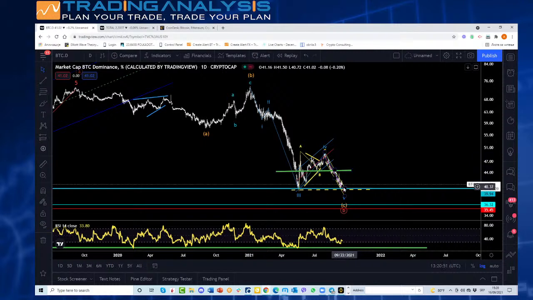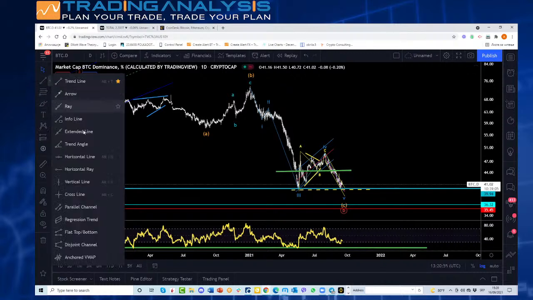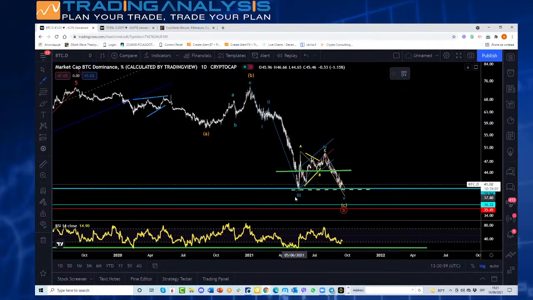But the move down in altcoins will be more sizable than in Bitcoin, because we have almost completed a 5-wave sequence on this Bitcoin dominance chart, where Bitcoin was actually losing its dominance on account of alts. So I think at least this first sequence might be done, or it will be done very soon.